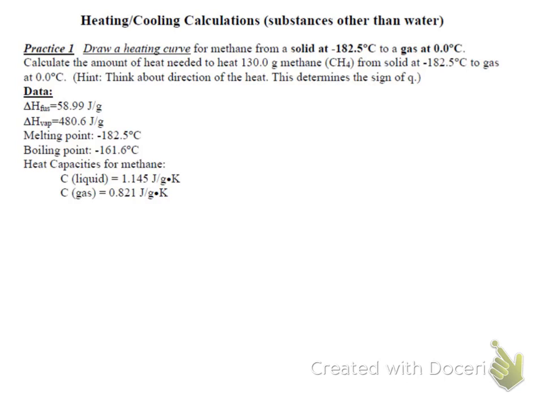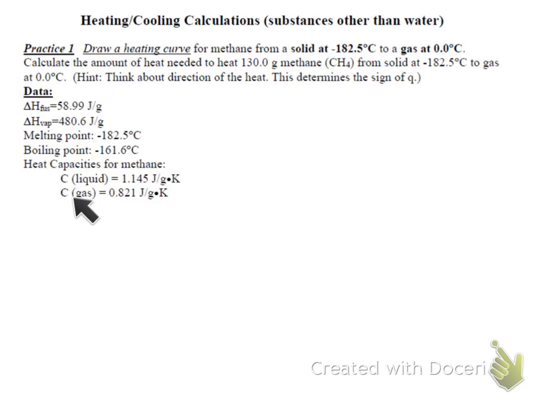Okay, so on the next page, there's two examples. What you want to do for these is turn off your video and try them yourself. Definitely draw a heating or cooling curve first to figure out what the Q's are. All the data is going to be given. Keep in mind that you could be given data that you don't end up needing, so be really careful.